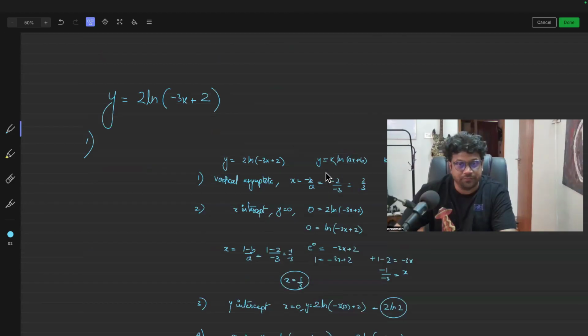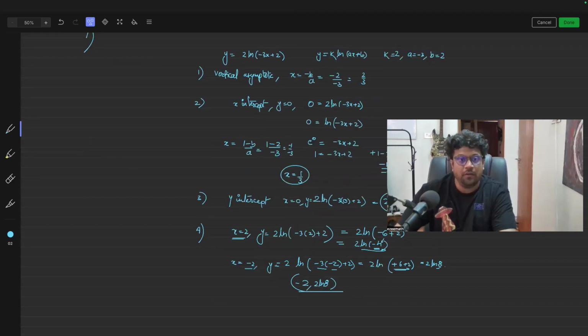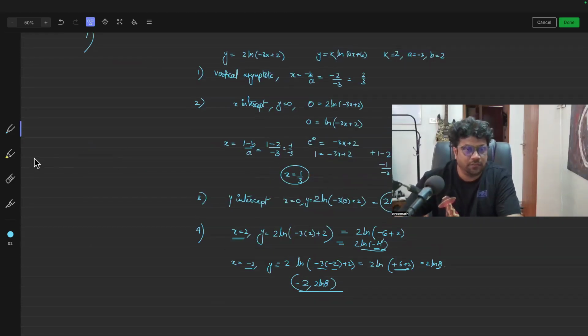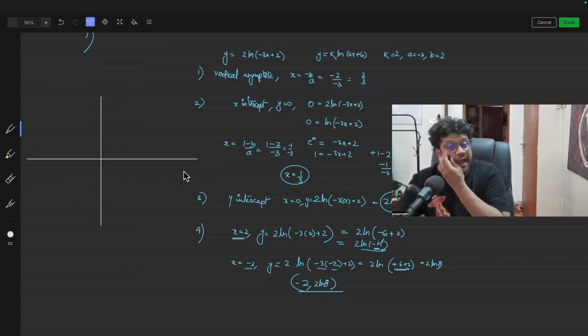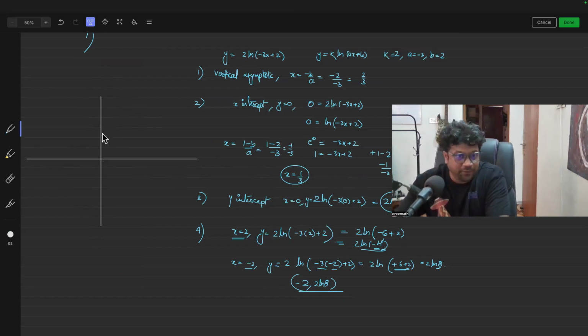Let's see. There it is, your y-axis and the vertical asymptote at x equal to 2 by 3. There it is, your x equal to 2 by 3.